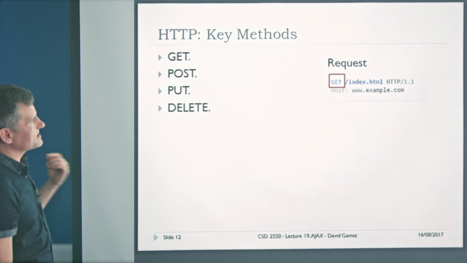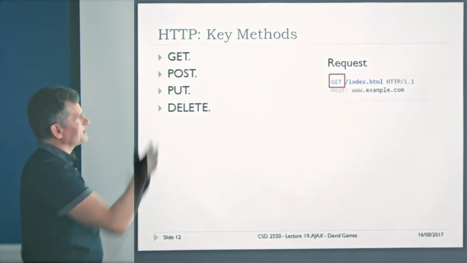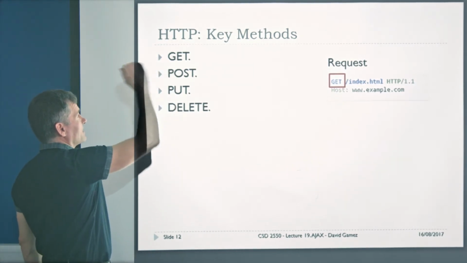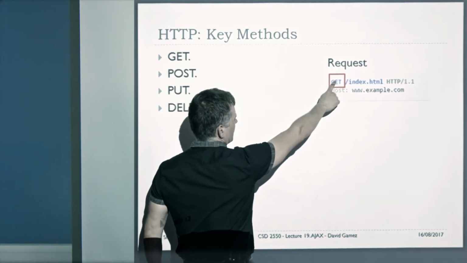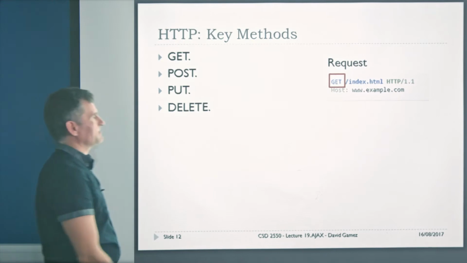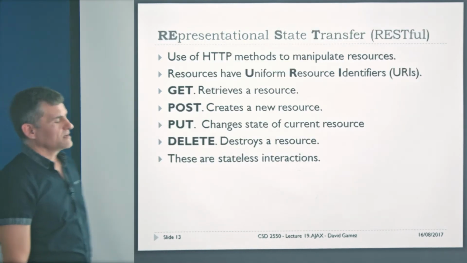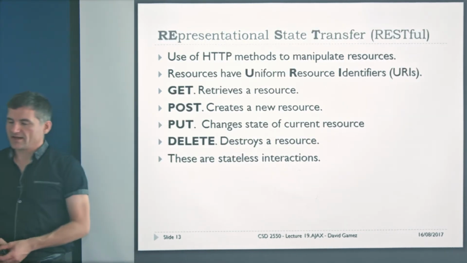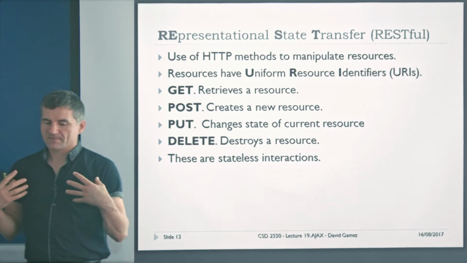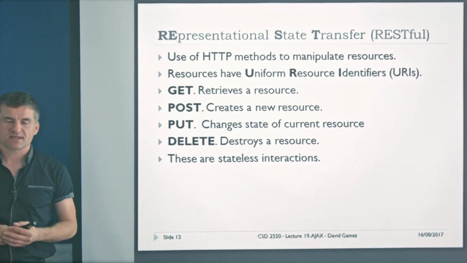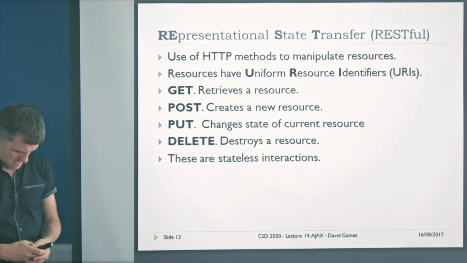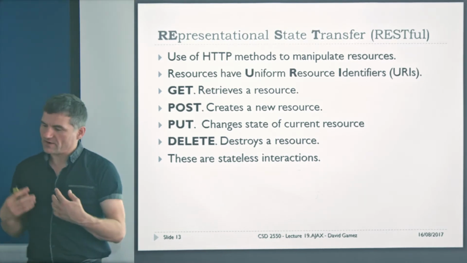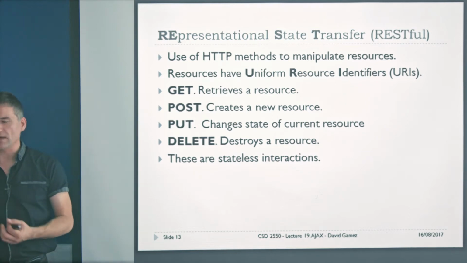Now, HTTP has a number of methods. And the four most important ones are GET, POST, PUT, and DELETE. And you can see in the header of the request where the method is being specified. Now, one use of these methods is to manipulate resources. There's a specific way in which you can use HTTP to manipulate resources, which is called representational state transfer, or RESTful.